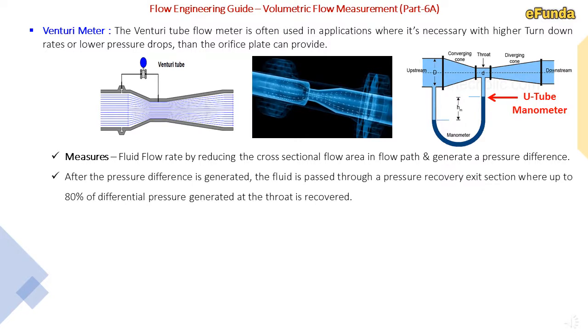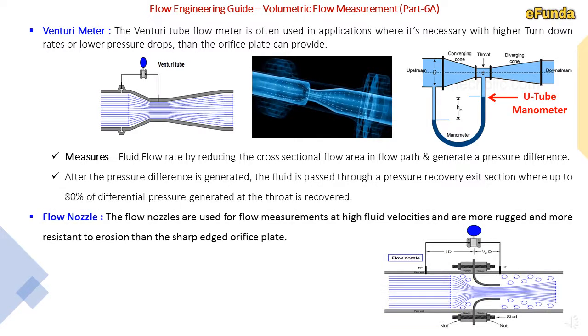After the pressure difference is generated, the fluid is passed through the pressure recovery exit section, that is a diverging cone, where up to 80% of the differential pressure generated at the throat is recovered. This is how the Venturi meter is used for volumetric flow, where we can get a high turn down ratio with lower pressure drop. Moving on to flow nozzles.